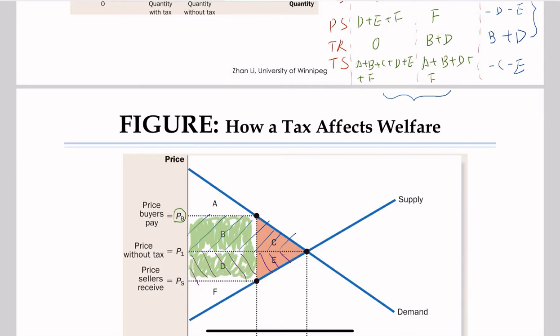Essentially, you could see that the reduction in consumer surplus and producer surplus can be partially offset by the increase in the tax revenue. But sadly, the increase in tax revenue cannot fully offset the decrease in producer surplus and consumer surplus.